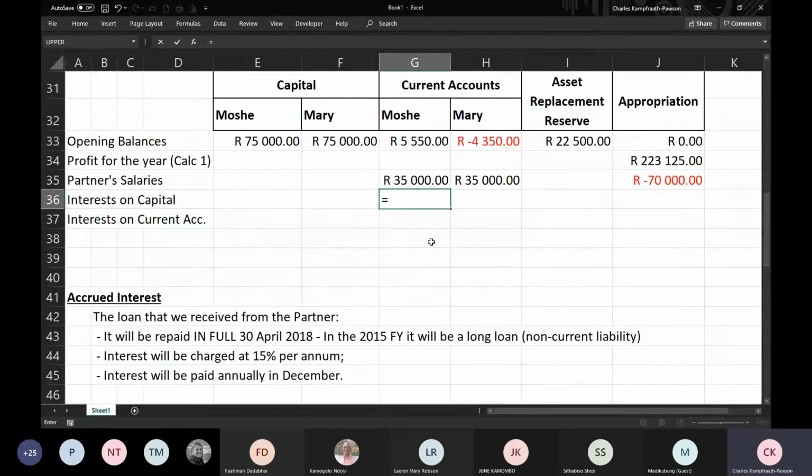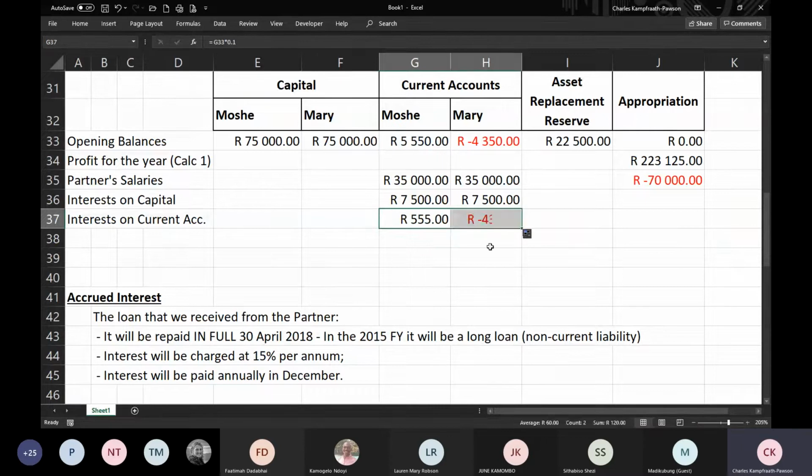Interest on capital is 10% on the opening balances. And also interest on the current accounts, also on the opening balances. Everybody happy?